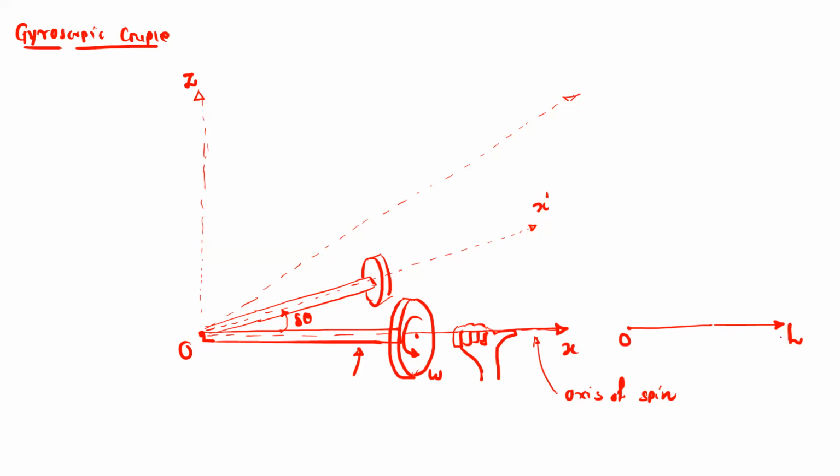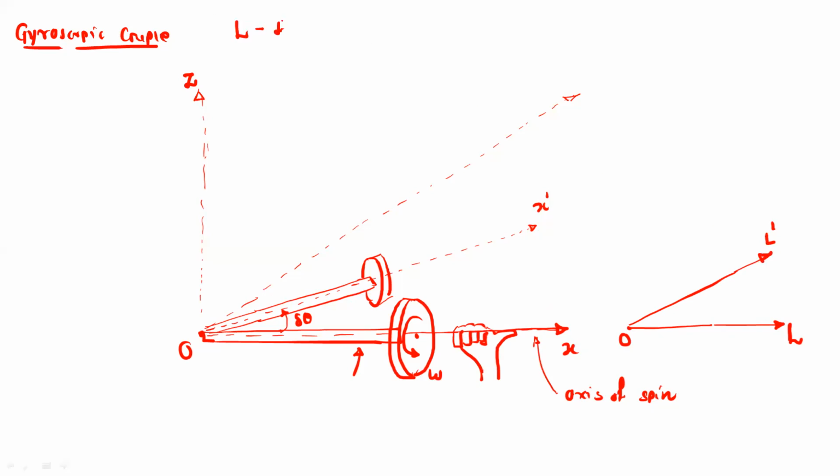This is the direction of angular momentum in the initial position. After rotation by angle theta, this is the new orientation, so the vector will be OL dash.